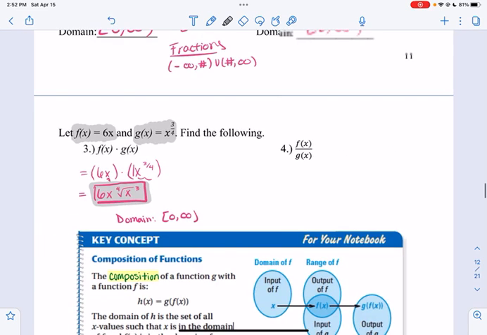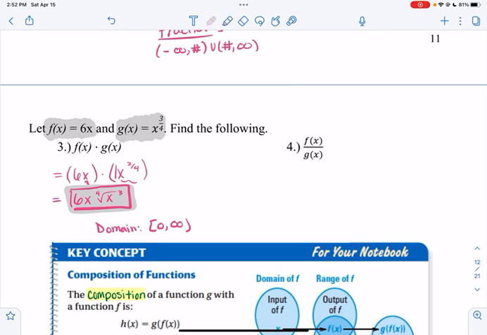And then let's look at a division one. So f divided by g. So we would have 6x on the top over x to the 3/4 on the bottom. So fraction, you're just dividing. So 6 divided by 1 would give you 6. And when we divide, our exponent rules say we subtract. So this is really x to the 1st.